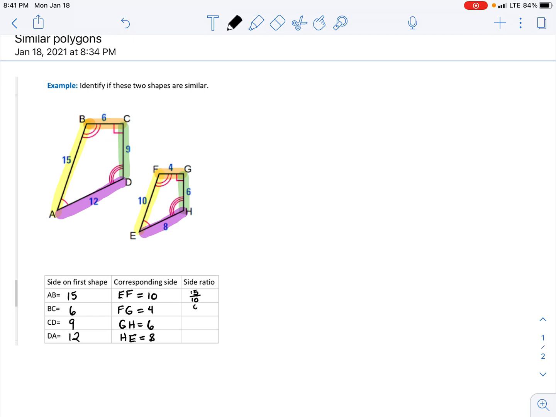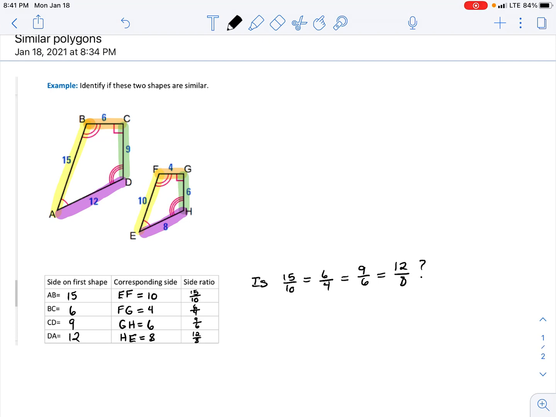And so the next one would be 6 over 4, and then 9 over 6, and then 12 over 8. Okay. So now what I want to determine is if all of these ratios are equal. So is 15 over 10 equal to 6 over 4 equal to 9 over 6, which is equal to 12 over 8?